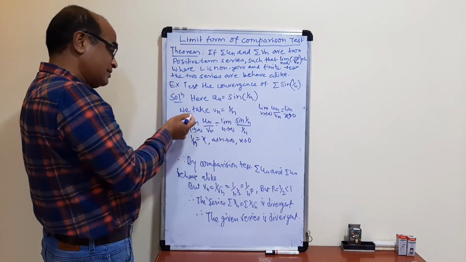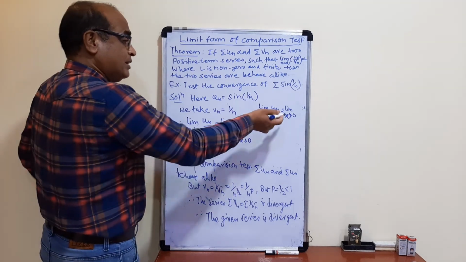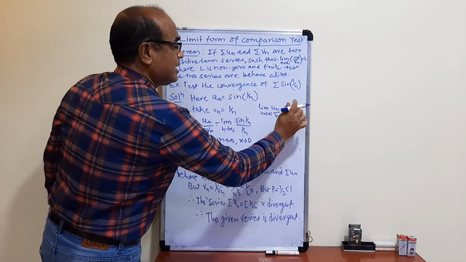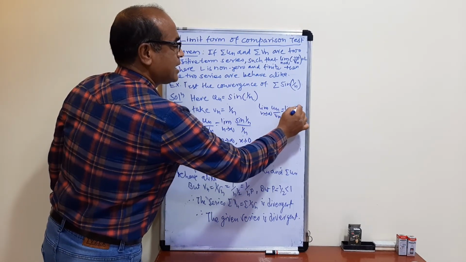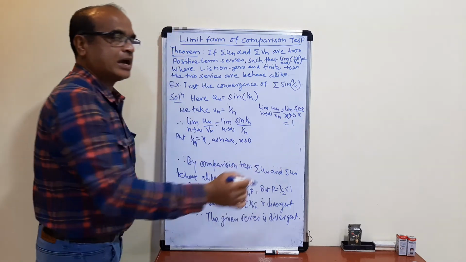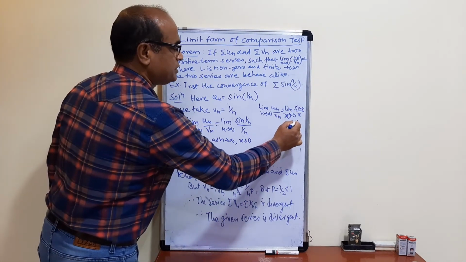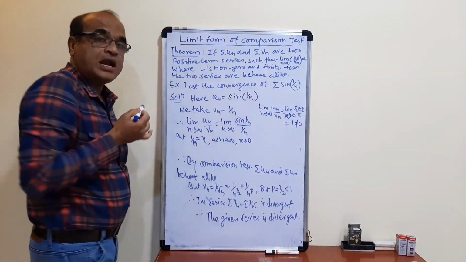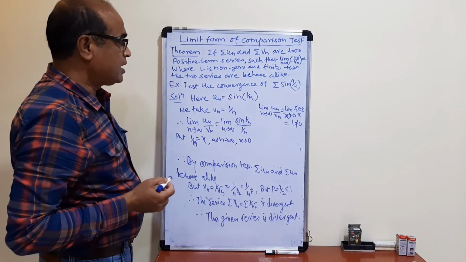So the limit becomes sine x divided by x, and this is a standard limit. So this is 1, which is not equal to 0. So L is 1, non-zero and finite.